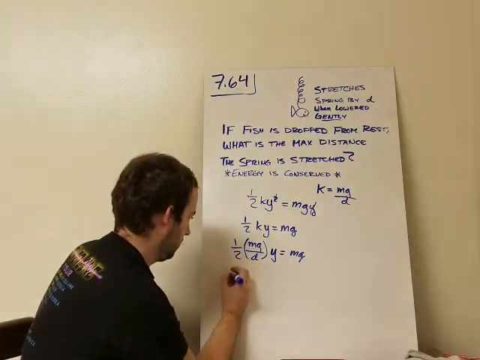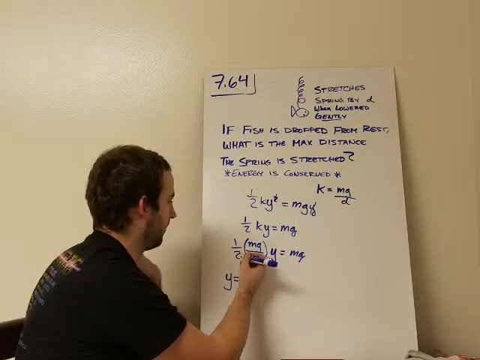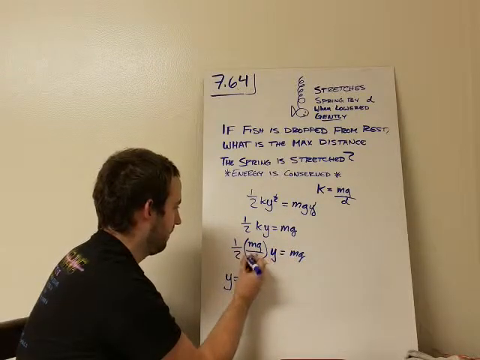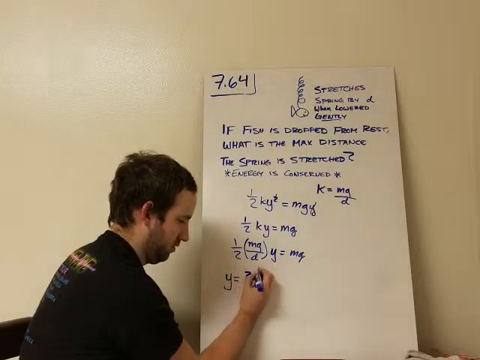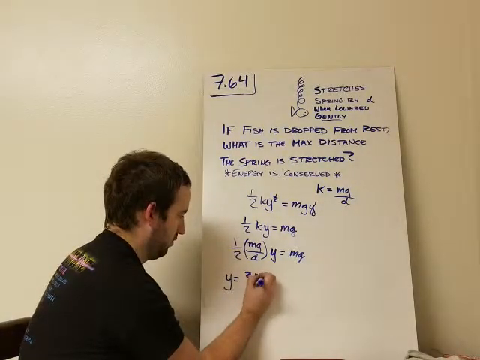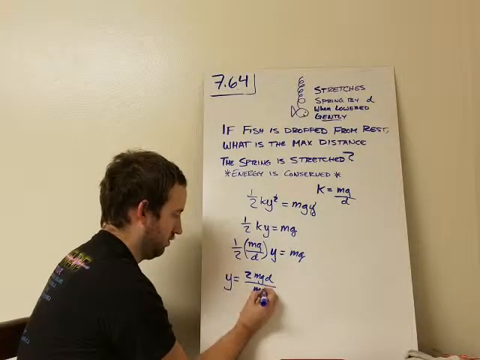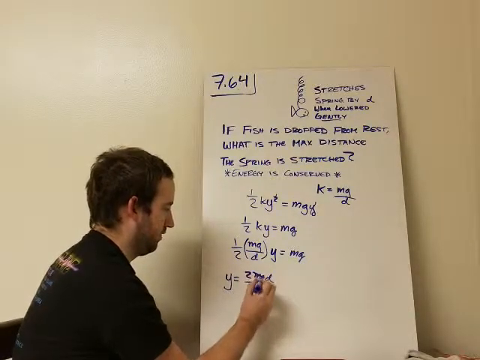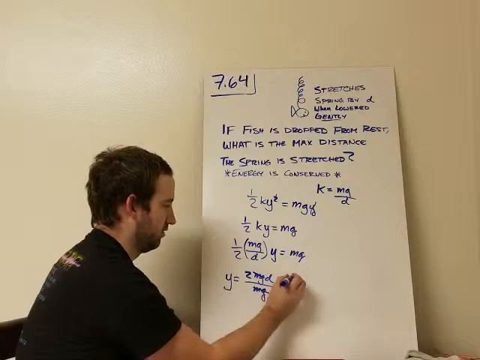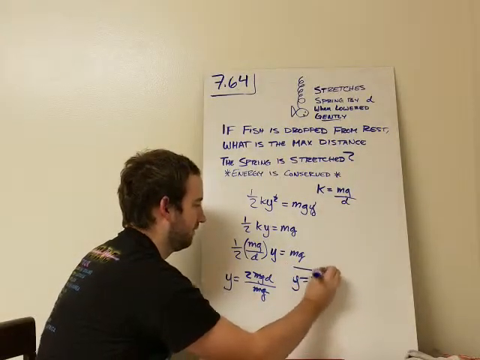So y equals 2 mgd over mg. Since we have mg on the top and the bottom, those simply cancel, and we end up with y equals 2d.